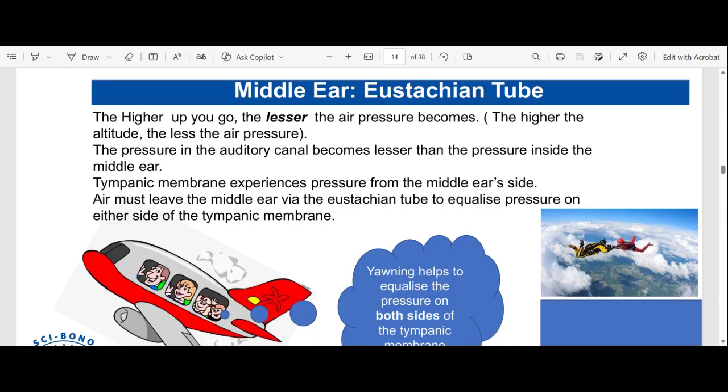Or the pressure in your auditory canal becomes lesser than the pressure inside your middle ear. I hope that makes a lot of sense. So now your Eustachian tube has to equalize pressure on either side of the tympanic membrane. Yawning helps you to equalize pressure on either side of the tympanic membrane.